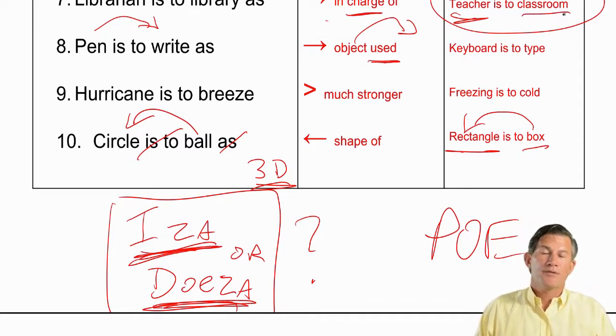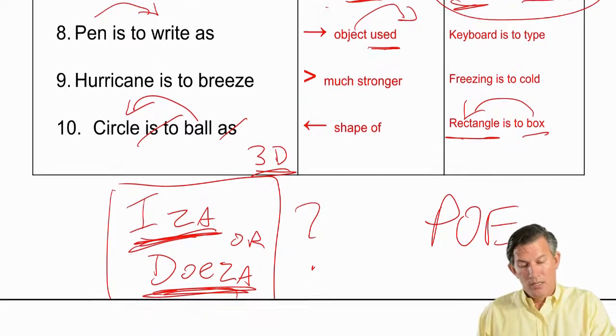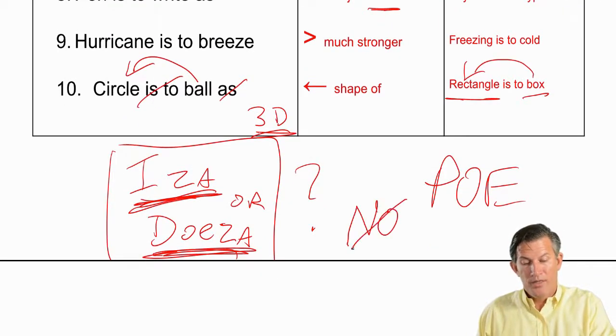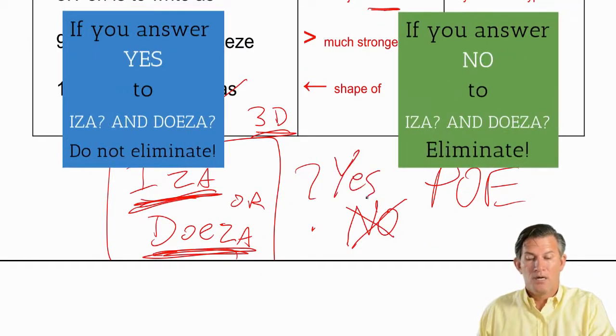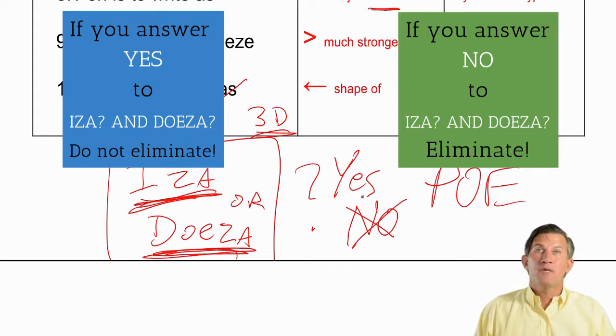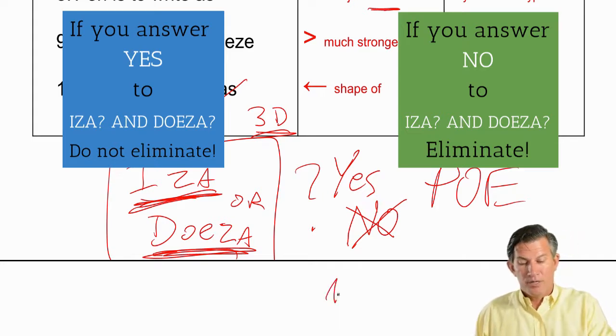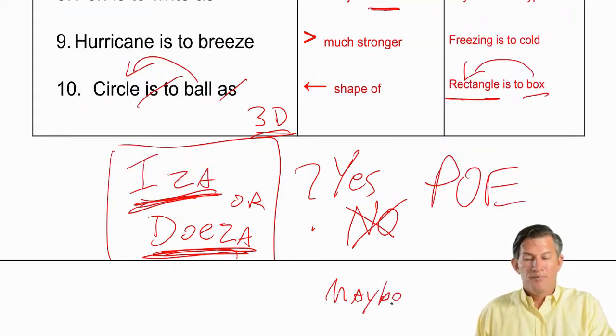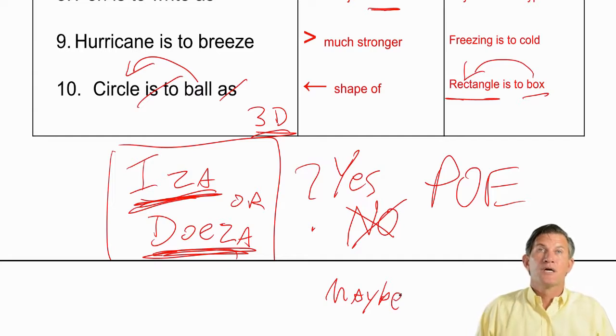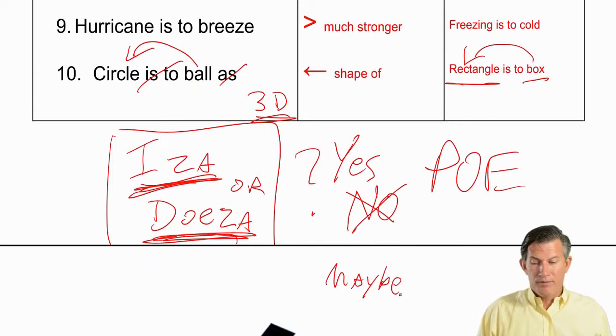Well, yes, then don't eliminate it. Okay, those are perfect choices. All right, if you get a no, then eliminate. Keep the yeses, obviously. Also keep the maybes. Maybes are non-elimination, okay? Keep a maybe in this section of the test. A maybe is good because it could be, all right? And if it could be, you don't want to eliminate it.